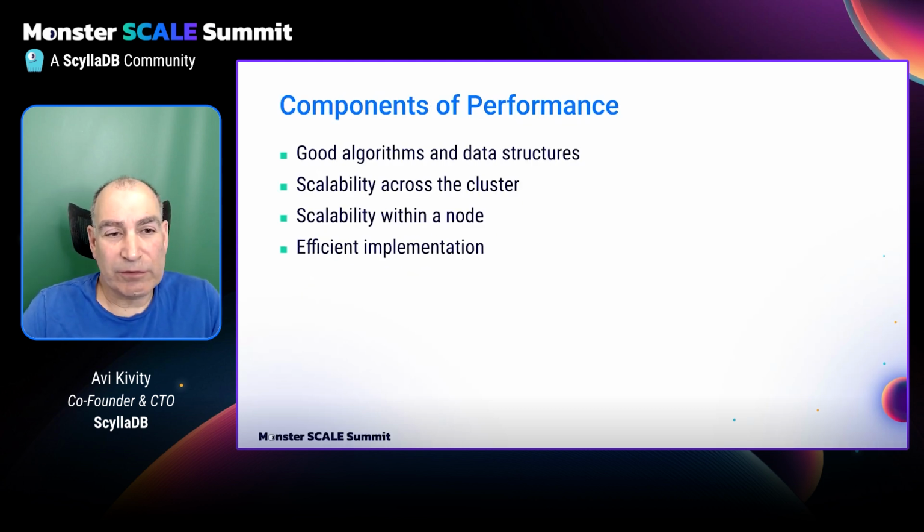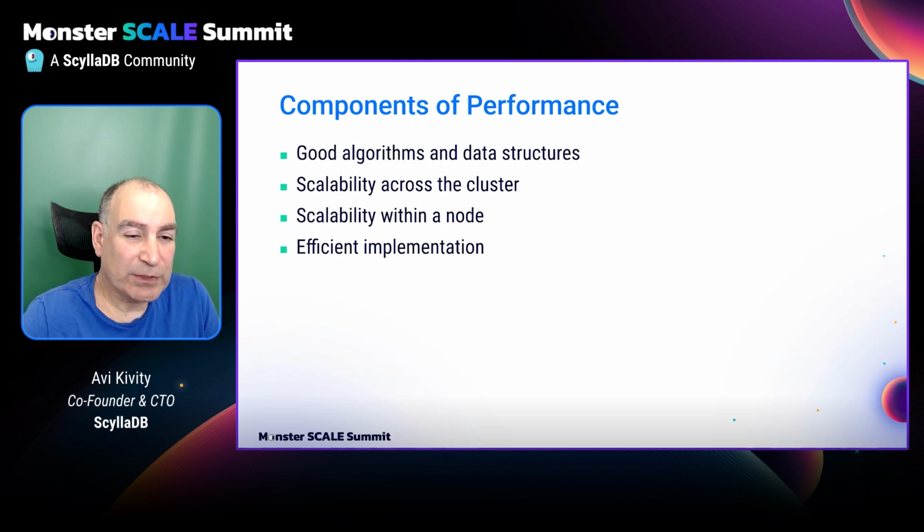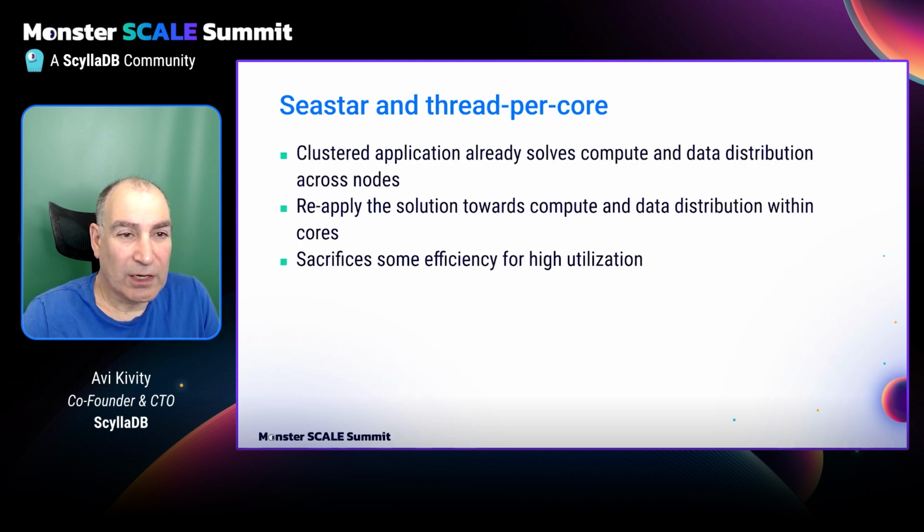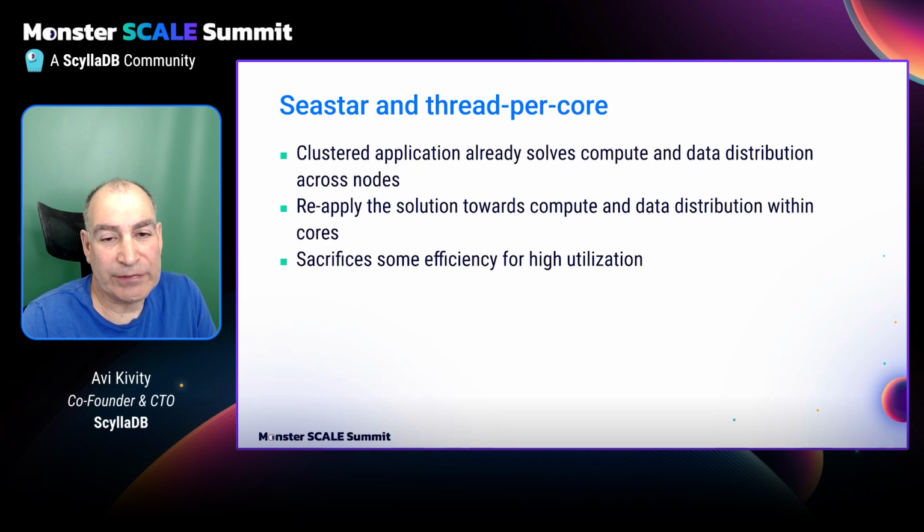So what are the components of performance? Again, good algorithms and data structures, scalability, both horizontal and vertical, and an efficient implementation. So Seastar. Seastar is our I/O framework, and it builds on the fact that if you're building a cluster application, then you already solved the problem of sharding and distribution across nodes, and you can just reapply the same solution on individual compute cores.